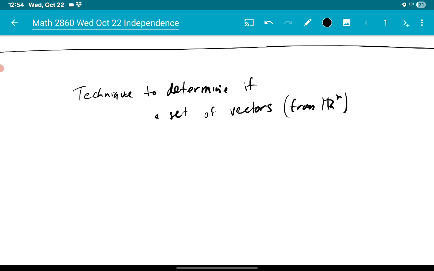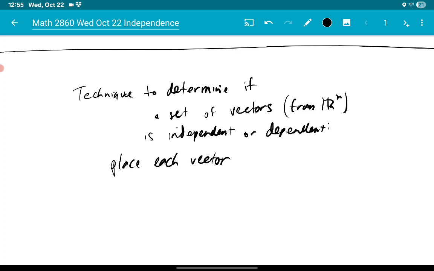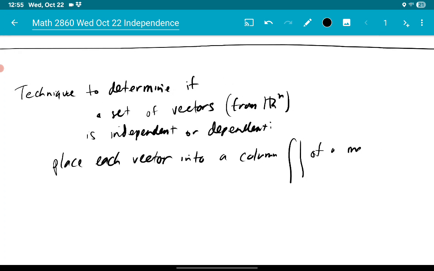To determine if a set of vectors from Rn is independent or dependent, place each vector into a column of a matrix. Columns are always vertical. By the way, even if you originally write the vectors horizontally, you would still put them into a column, vertically into the matrix.